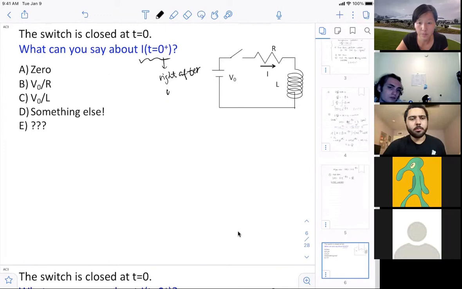I don't think we need to discuss this. Just remind yourself of the behavior of an inductor when you have a sudden change in your circuit. What will happen? You can go ahead and put your thoughts in the poll.